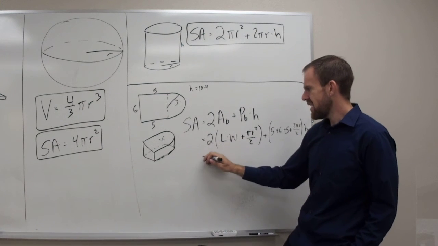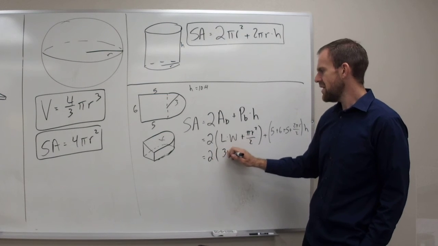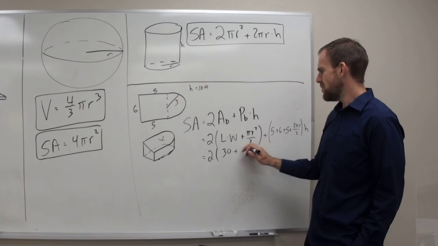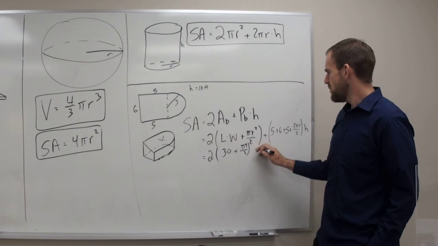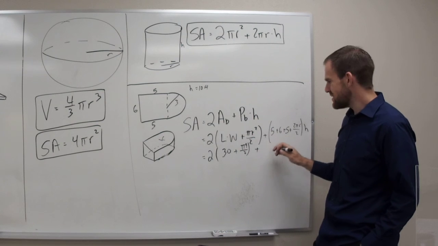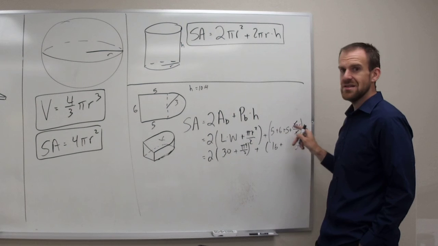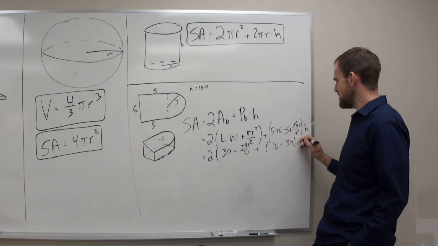So let's plug in. Again, keeping our equal sign lined up, we have 2 times, length times width is 30, because it's 6 times 5, plus pi r squared, so pi times 9 over 2. Ooh, we love fractions. Plus 5 plus 6 plus 5 is 16. I can cancel these 2's. My radius is 3. So I have 3 pi times the height, which is 10.